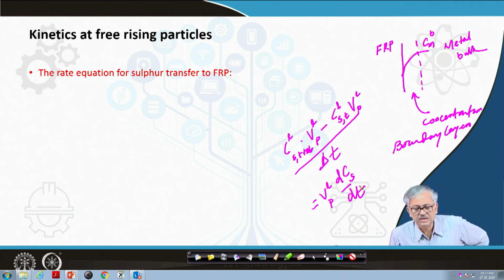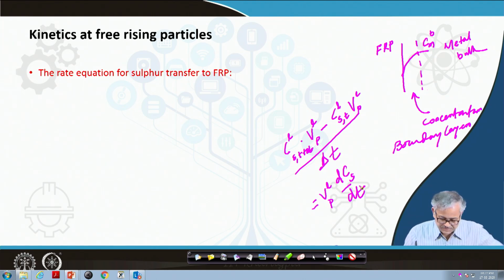CS means the concentration in the slag phase, that is sufficient, okay. And it is positive, basically the FRP, the particle, is gaining the impurity. So per unit time this much impurity it is gaining.